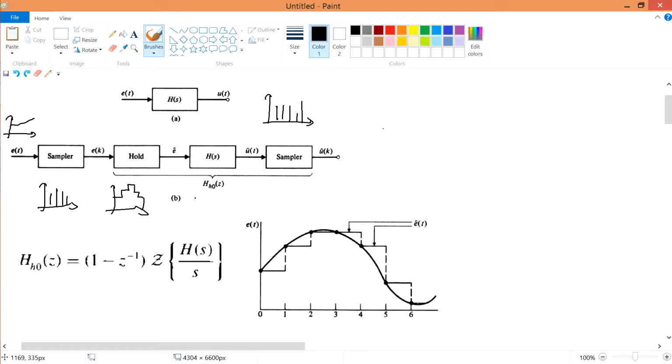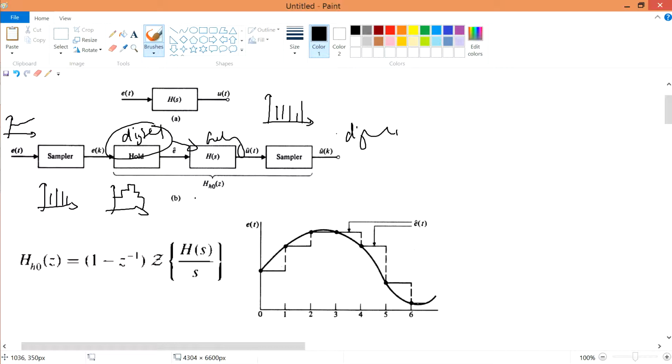This form is a bit ineffective because, for example, you take the input, you sample, and then you hold. At this side it is digital already. Then you convert to analog, and then you sample back into digital.